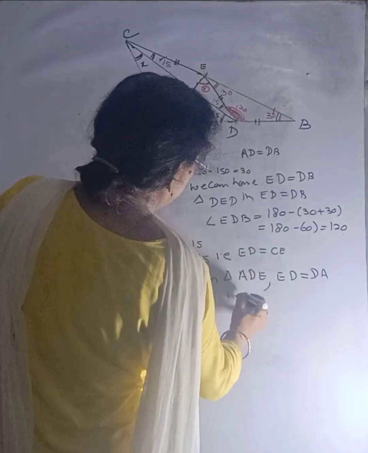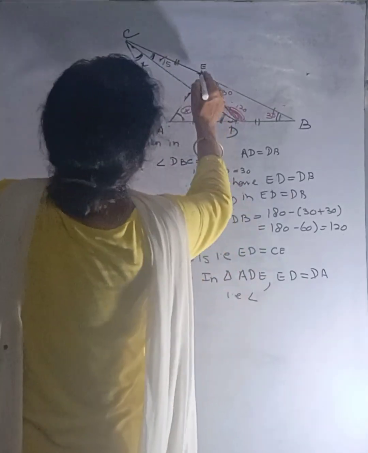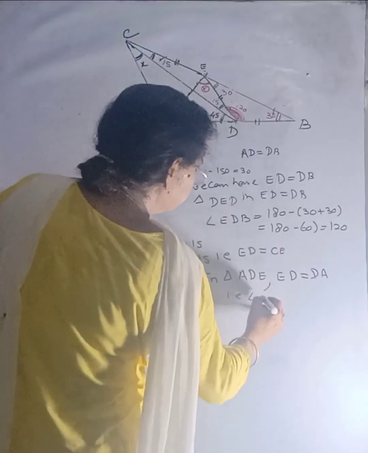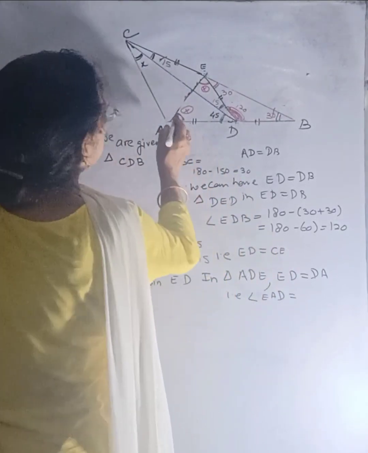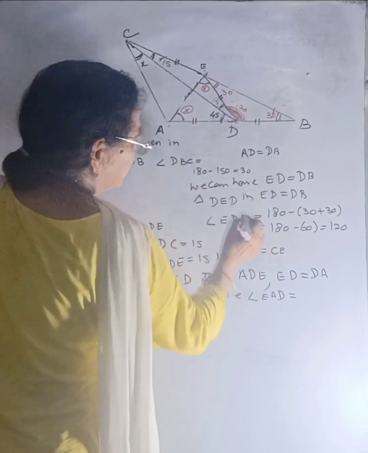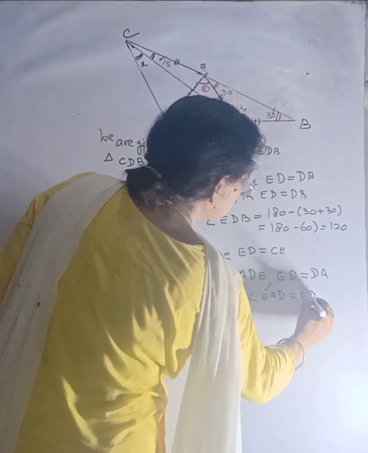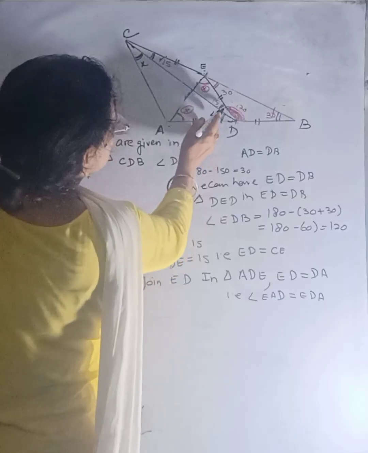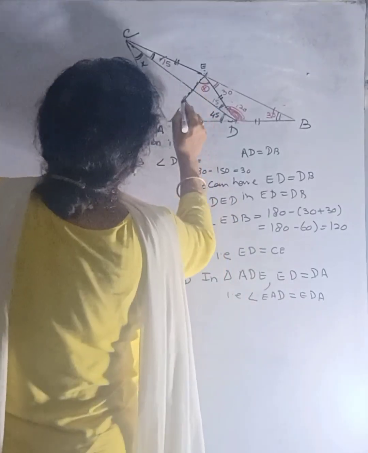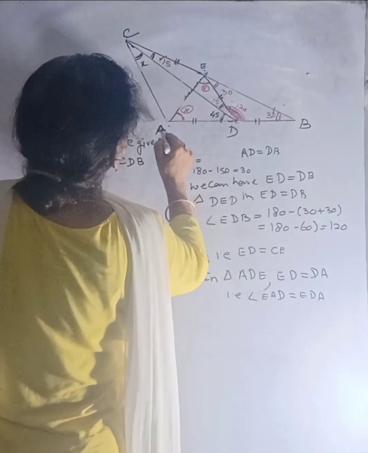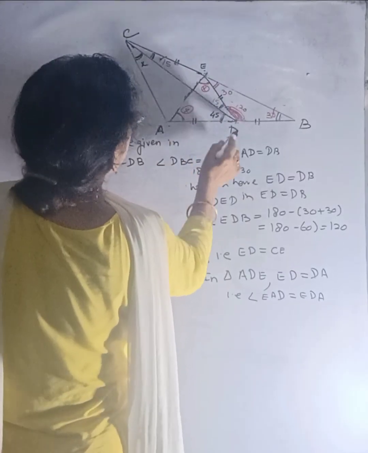It means that angle EAD will be equal to angle EDA. But this angle EAD will be equal to angle ADE.